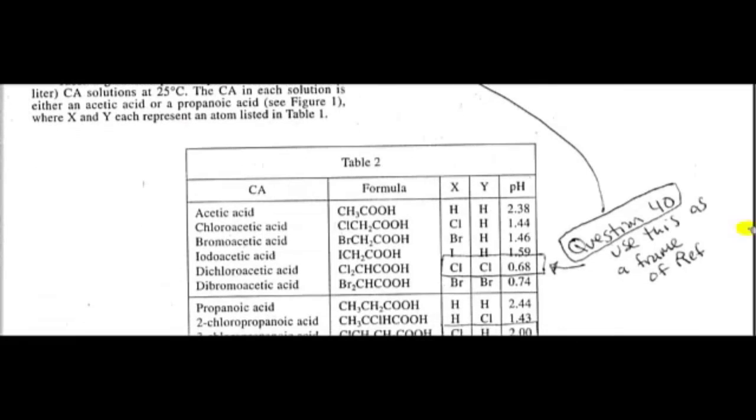We already know that fluorine is higher, so the inverse relationship means that the pH for fluorine is going to have to be less than chlorine. So the pH for chlorine, when we throw it into an acetic acid, is 1.44. So that means that fluoroacetic acid will produce a pH of something less than 1.44.